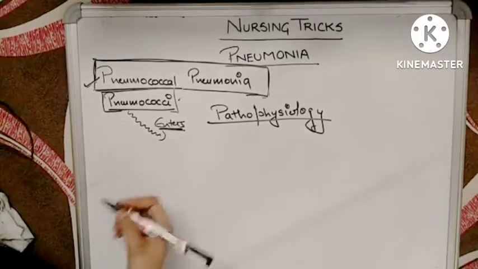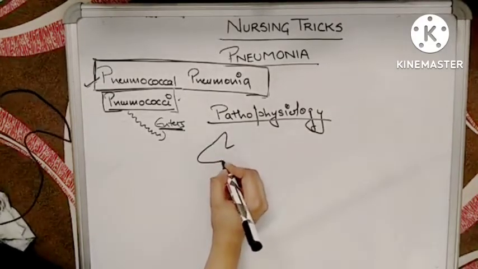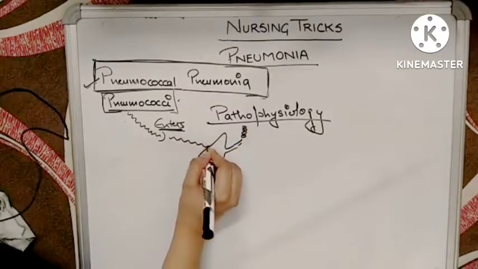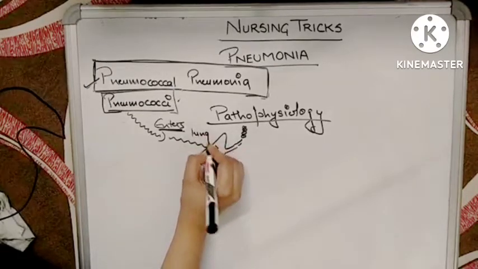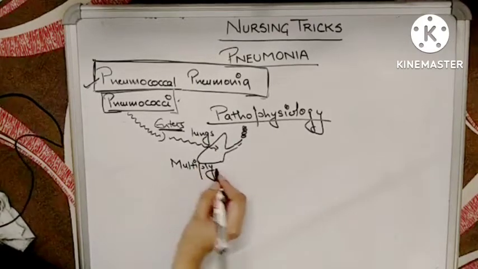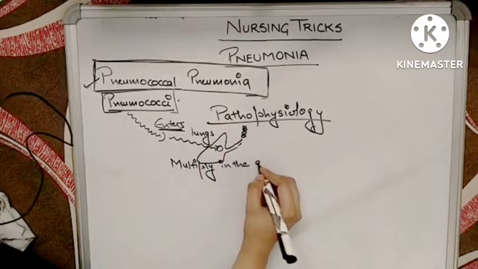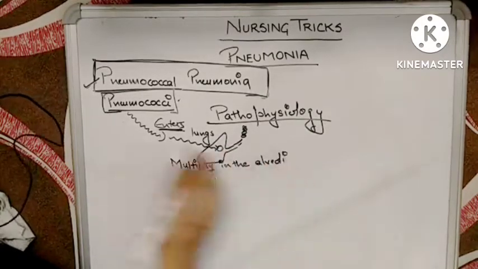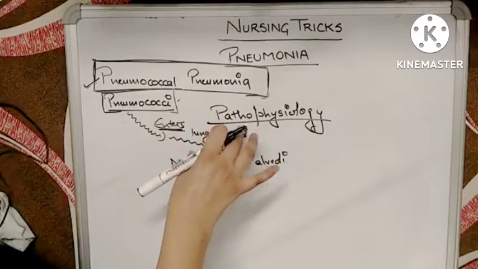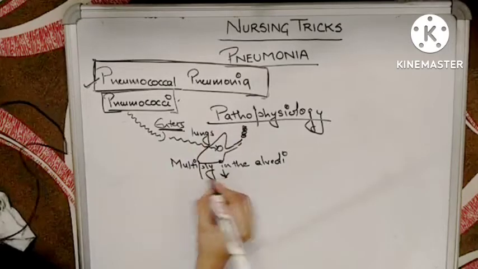The bacteria will go into the lungs and multiply in the alveoli. So once they enter the human body, they attack the lungs, and in the lungs they attack the alveoli and multiply. Now once they multiply, what will happen?